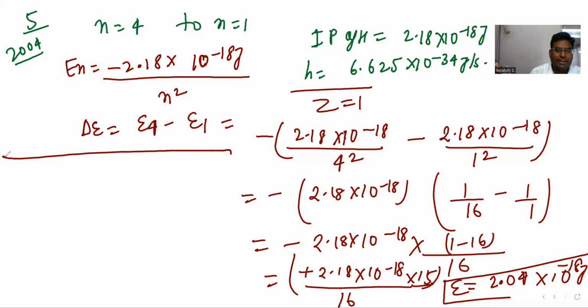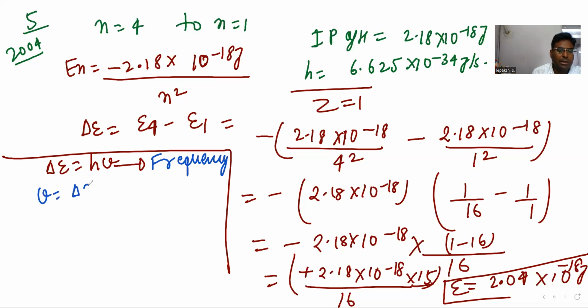And as we know, energy is related by h nu, so you can easily find the frequency. Frequency is equal to delta E upon h.